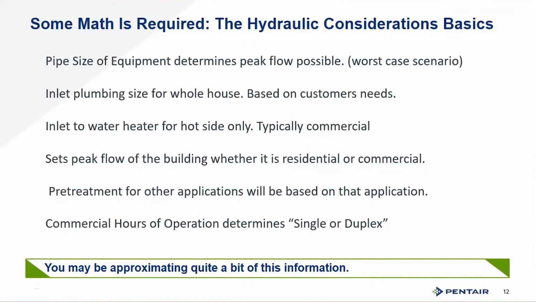The plumbing sets the peak flow of the building, whether it's residential or commercial. There may be pre-treatment for other applications, based on whatever you're trying to treat for, whether for a commercial business or a residence, depending on the water quality or the desired outcome of that water.